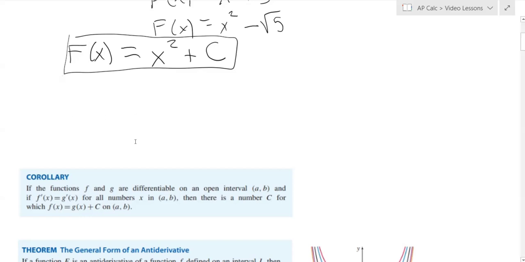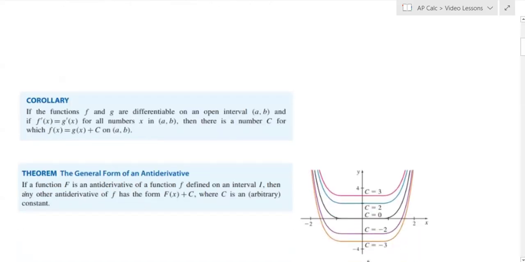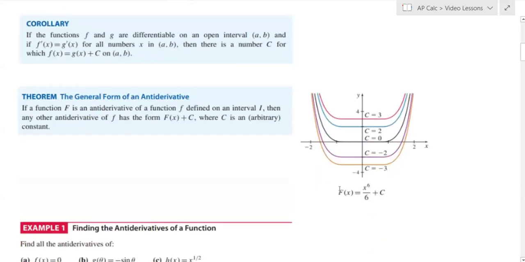So we can summarize it the following way. If a function capital F is an antiderivative of a function f defined on an interval I, then any other antiderivative of f has the form capital F plus c, where c is an arbitrary constant. Because graphically, let's just say capital F of x is x to the sixth over 6.